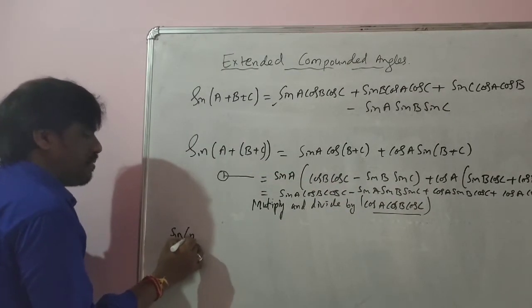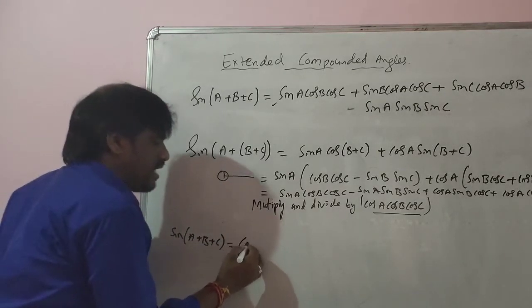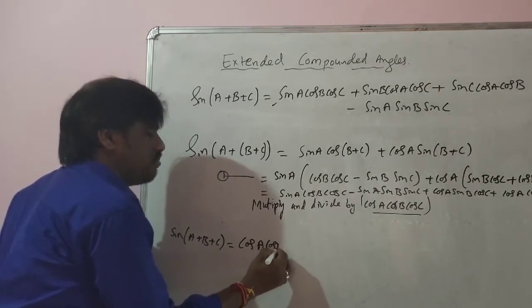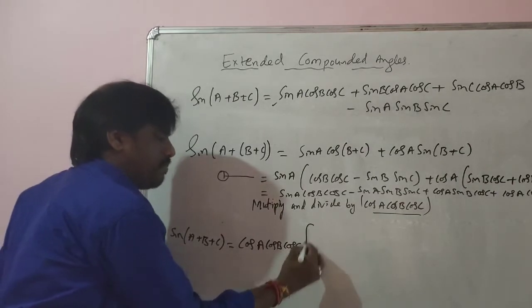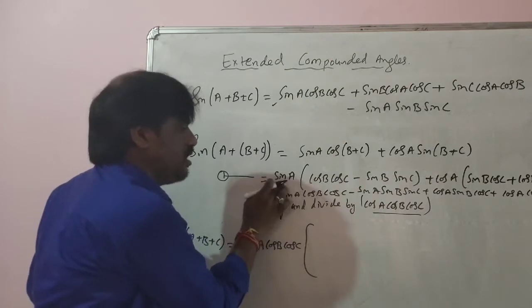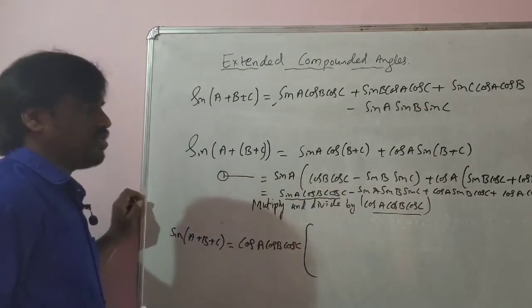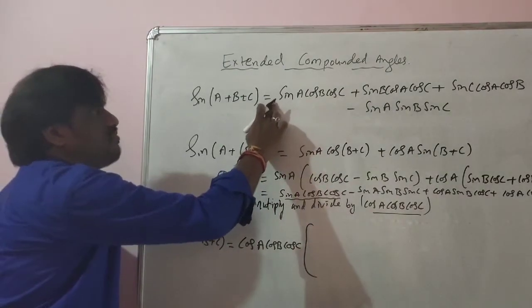Sin of a plus b plus c is equal to, I am multiplying and dividing by cos a cos b cos c, where this is the equation. There I am going to divide this formula.